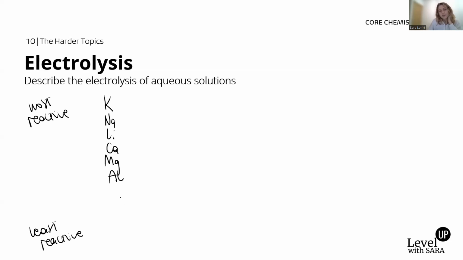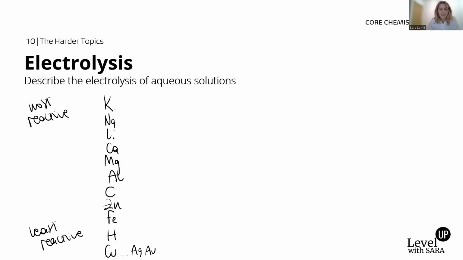I know it could be difficult to remember, but there are some tricks you can use, such as mnemonics, or if you know the trends in reactivity down each group, it can help in remembering it. In this series, we also have carbon and hydrogen. We will see why. Copper. I'm going to stick with copper. After copper, we also have silver and gold, but I can't fit them in the list here.